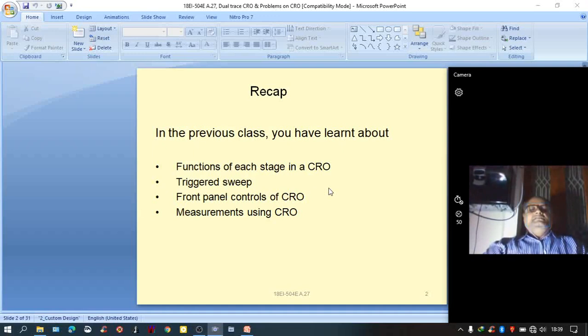CRT in turn consists of one electron gun and a vertical deflection plate assembly, a horizontal deflection plate assembly, CRT screen coated with phosphor material, and side walls of the CRT coated with graphite material.